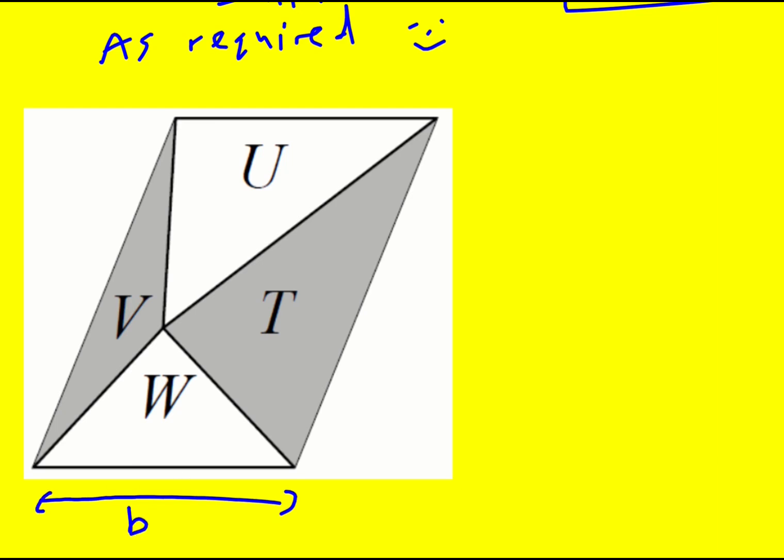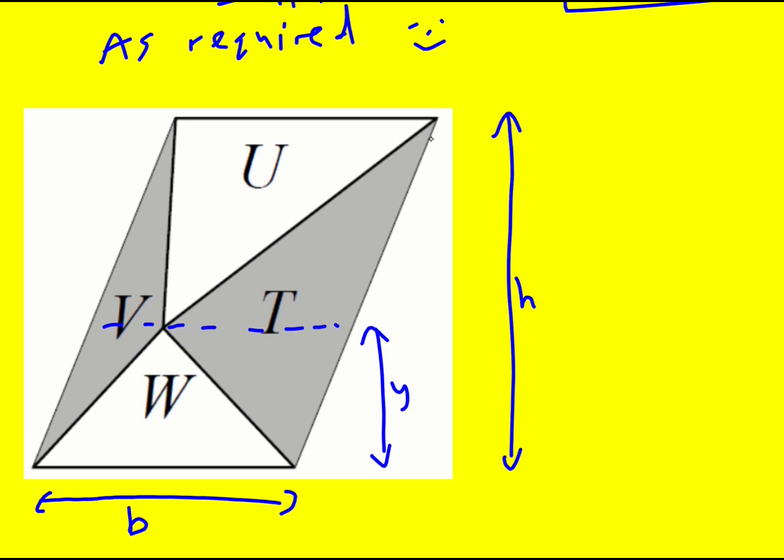So this is B. Now I don't know what this length is here, but maybe I say that the whole height is H. And then I could say that this is maybe Y, which means that this length is going to be H minus Y.